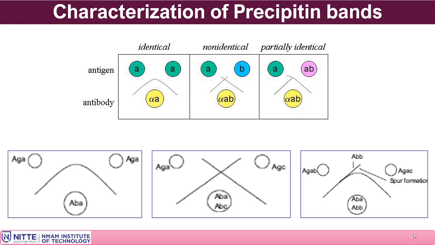And if the concentration of B was more than that of A, the band would have appeared closer to the antibody well and crossed the precipitation band like this. If the concentration of antigen B was more, it would have pushed the precipitation band towards the antibody side and it would have appeared here and crossed like this.